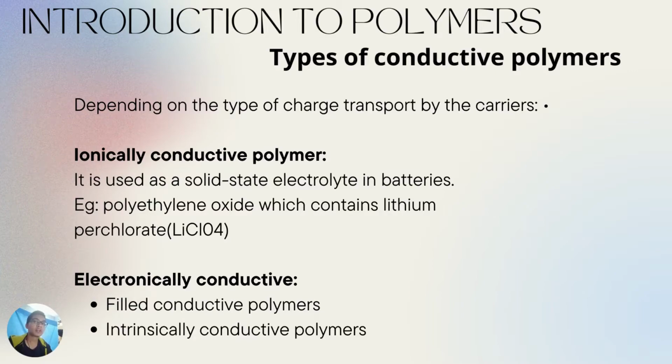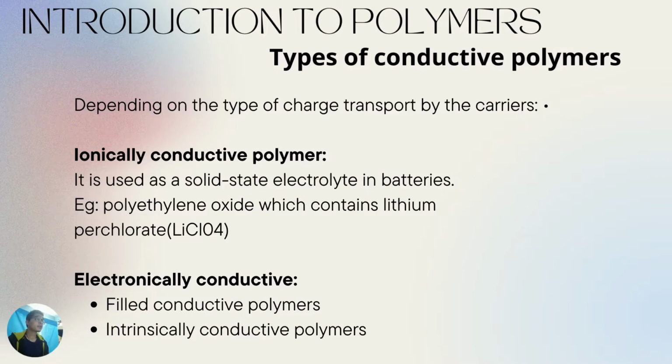So if the charge transports through a solid state electrolyte, then that polymer is considered an ionically conductive polymer, and an example is polyethylene oxide containing lithium perchlorate, that is LiClO4. Without this discovery, I guess solid state batteries were far off, right? Because of this discovery, we've been able to design and manufacture early prototypes of solid state batteries.